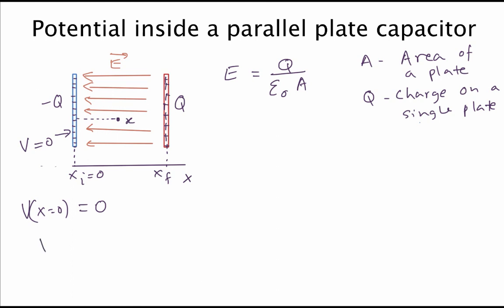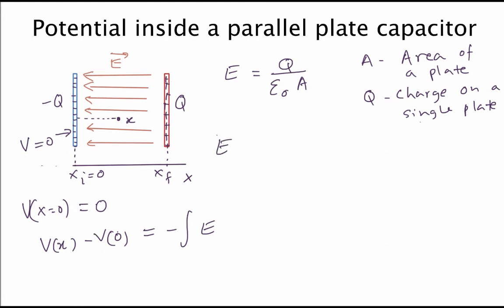So V(x) minus V(0) is given by minus the integral of E_x dx, since the electric field has only the x component and all other components are 0, going from x initial, which is 0, to x final, which is simply x now.